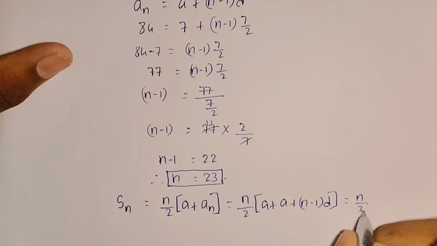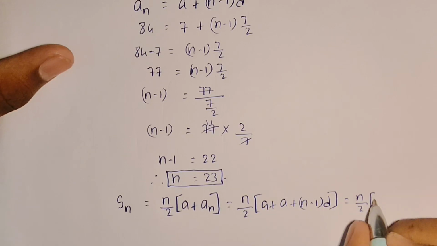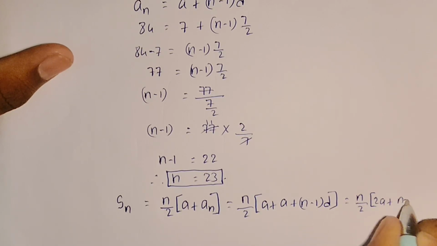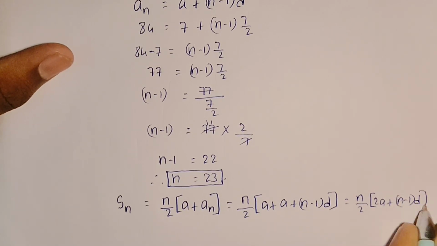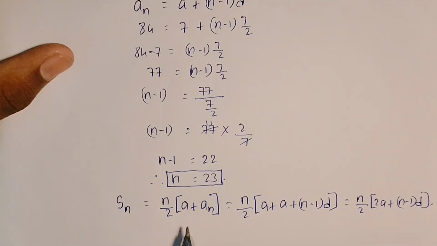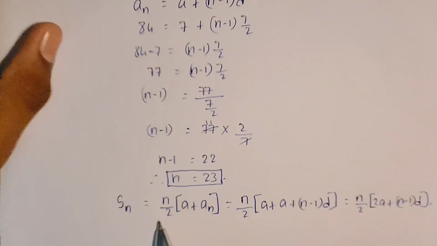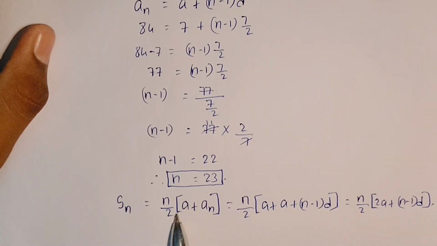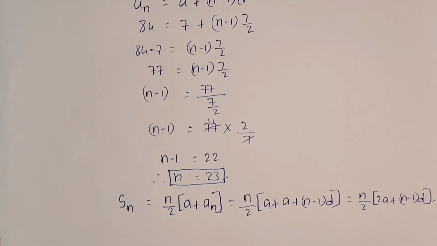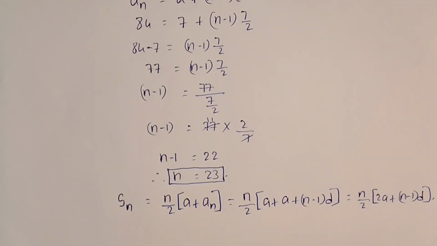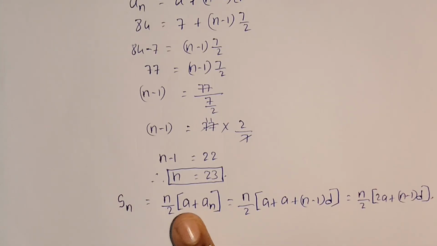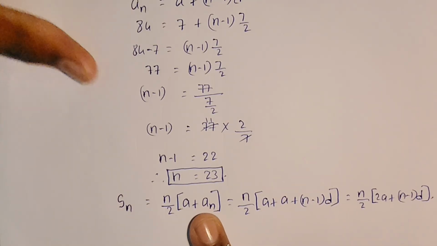Like that only they said 2a plus n minus 1 into d. Understand? Now I am going to use the formula n by 2 into a plus a base n. It is the simplest formula to use when a base n is given directly.